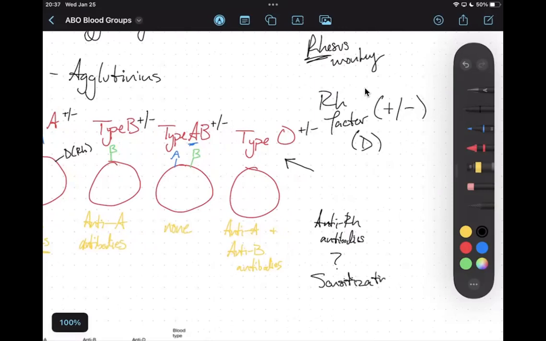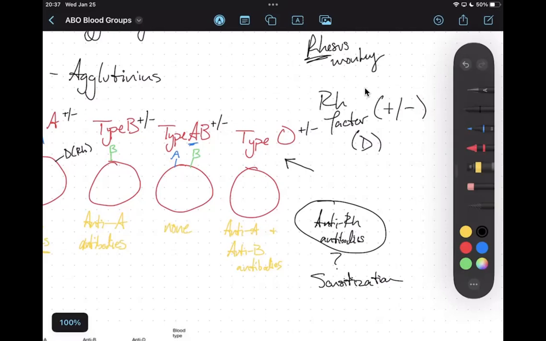What this means is that you give Rh positive blood to somebody that is Rh negative. When that occurs, the person will develop these anti-Rh antibodies, and then usually upon the second exposure to Rh positive blood, they will formulate a response against that blood.